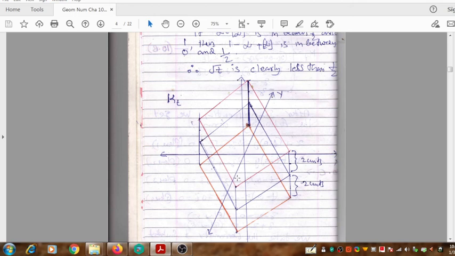You can see the prism here, and that prism has its faces. The bottom of the prism is the orange colored rectangle, or more correctly a parallelogram. See this orange colored one.